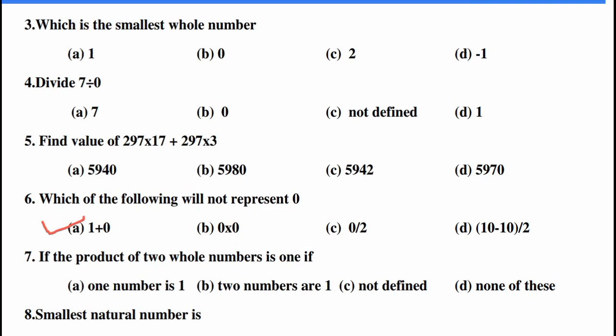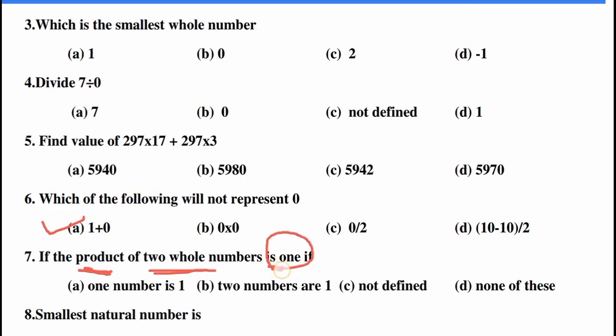Question number 7. If the product of two whole numbers is 1, then A, one number is 1, B, two numbers are 1, C, not defined, D, none of these. So here first of all we try to understand what the question is. The product of two whole numbers means the multiplication of two whole numbers. We want the answer 1, right?